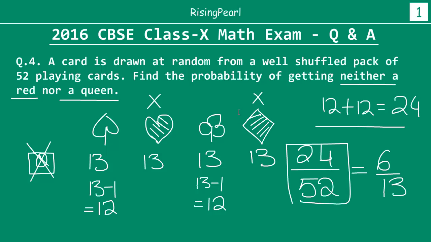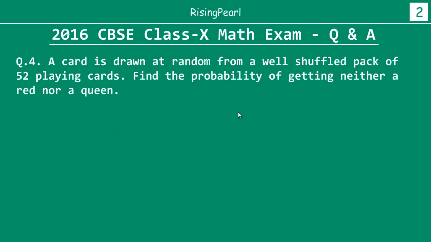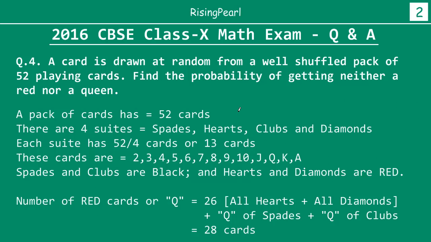So clearly in your exam you are going to write this something like this. A pack of cards has 52 total cards. There are 4 suits, spades, hearts, clubs, and diamonds. Each suit has 52 divided by 4, 13 cards. These are actually the cards.